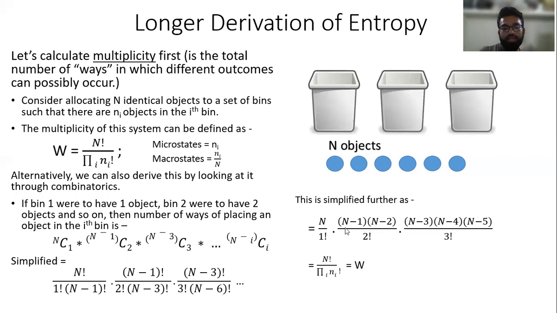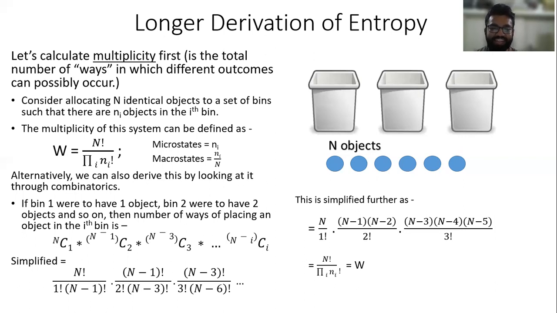So this is again a series. The numerator is just n factorial, and the denominator is the product of the microstate factorials, ni factorial.